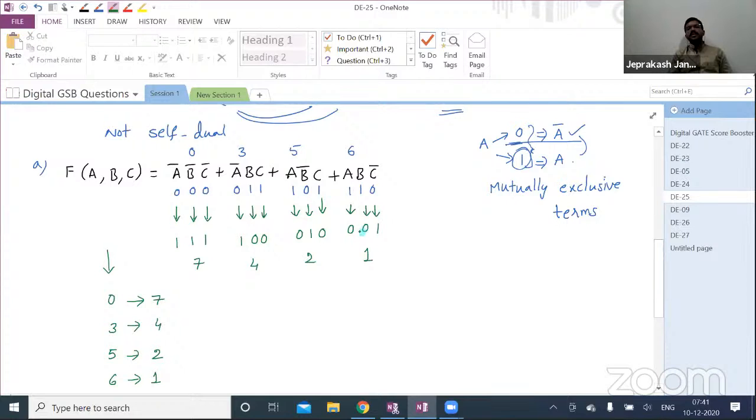So here the first condition is: whatever function you are considering, it should have half of the number of minterms. That is the first condition.